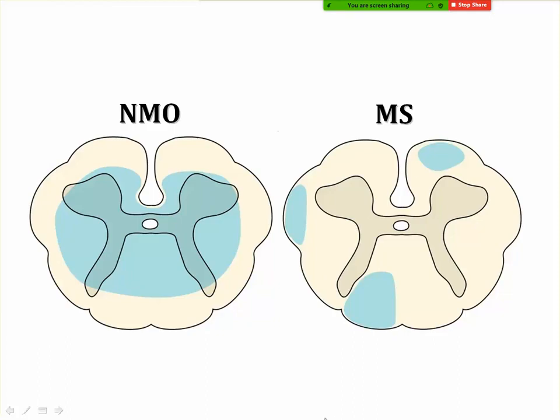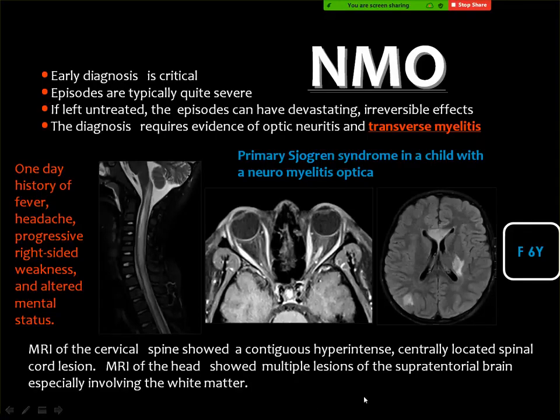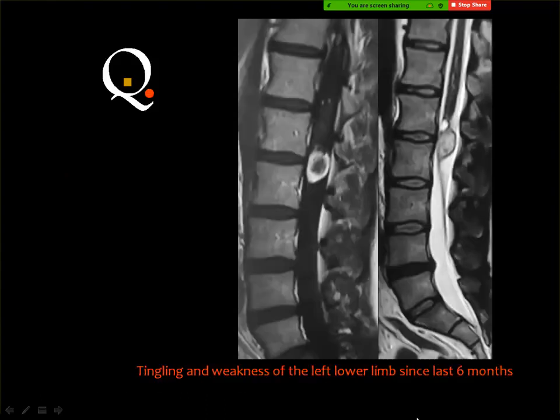Also, neuromyelitis optica can affect any age, but MS affects the age between 20 and 40 years, and the affection of the optic nerve can be seen if you inject contrast material and you have fat suppressed images. Then affection of the cord is usually extensive, like this one, and the brain patches are not similar to the MS plaques. Next case.